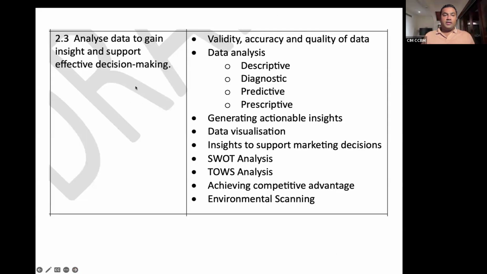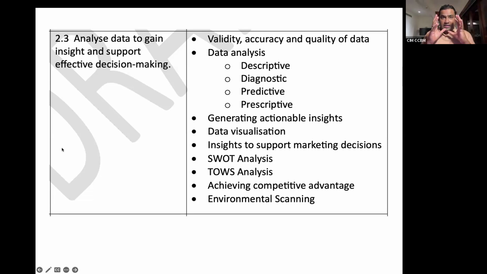So here's the outline of what we're going to do today. We're going to understand the importance of the validity, accuracy, and the quality of data. There are some other criteria as well, because as marketers, we spend a lot of time looking at insightful data.